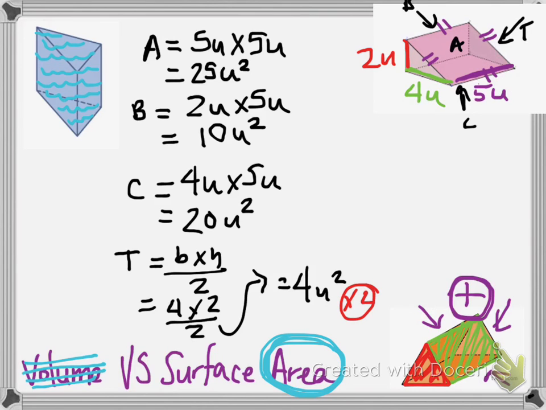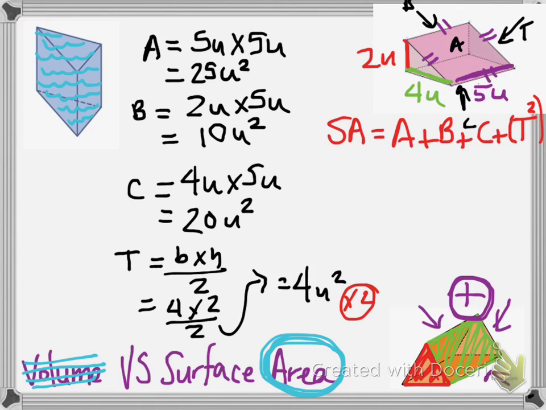Okay, so the final step here is to add all of this stuff up. The surface area for this particular triangular-based prism is going to be equal to the area of side A plus the area of side B plus the area of side C plus the area of T, but times 2.